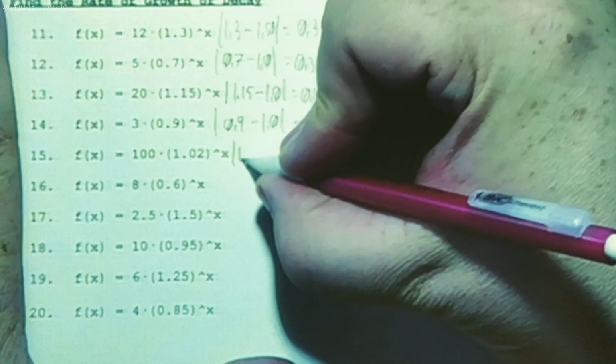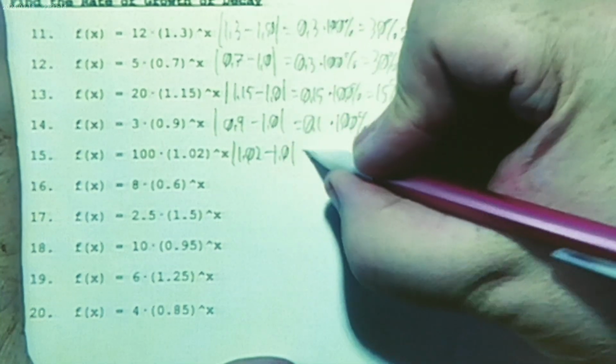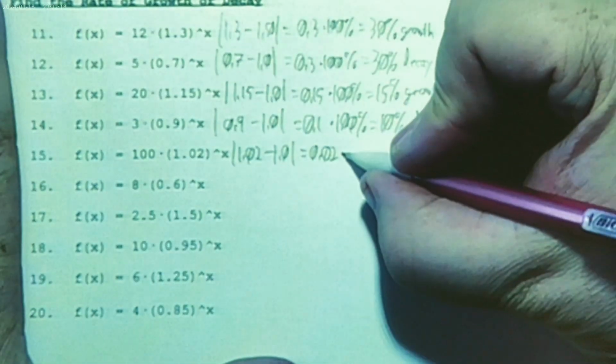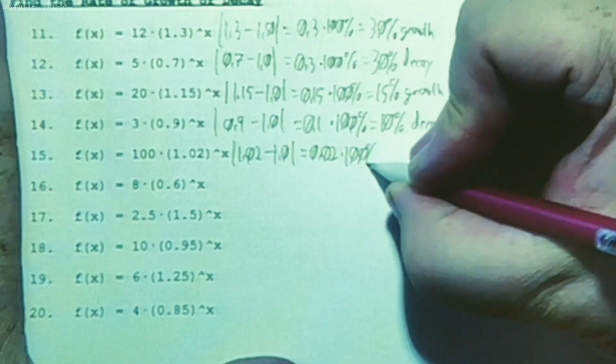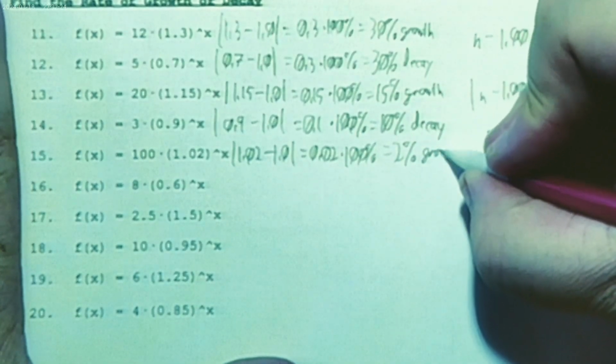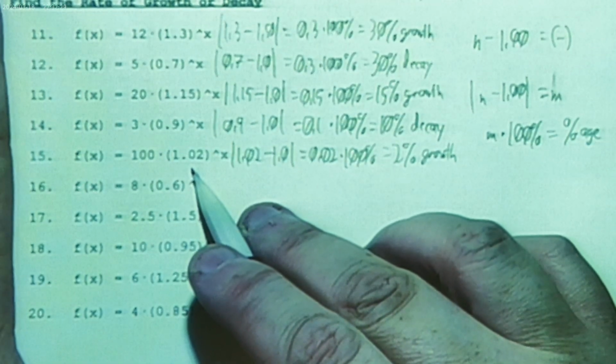I've got 1.02 minus 1.0. That gives me 0.02 times 100% equals 2% growth. And again, I know it's growth because this number is greater than 1.